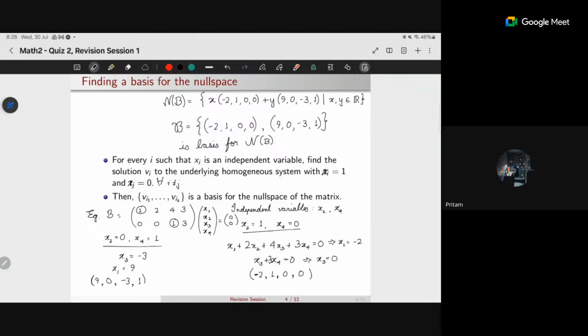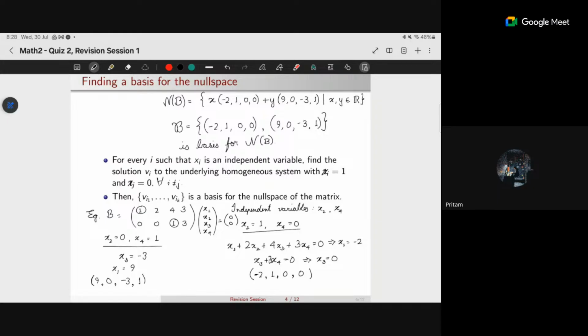So null space of B is the span of these two basis vectors. A basis is a spanning set for the space. It's the minimal spanning set. It is more than just a spanning set. You take all possible linear combinations and you'll get the entirety of null space of B.